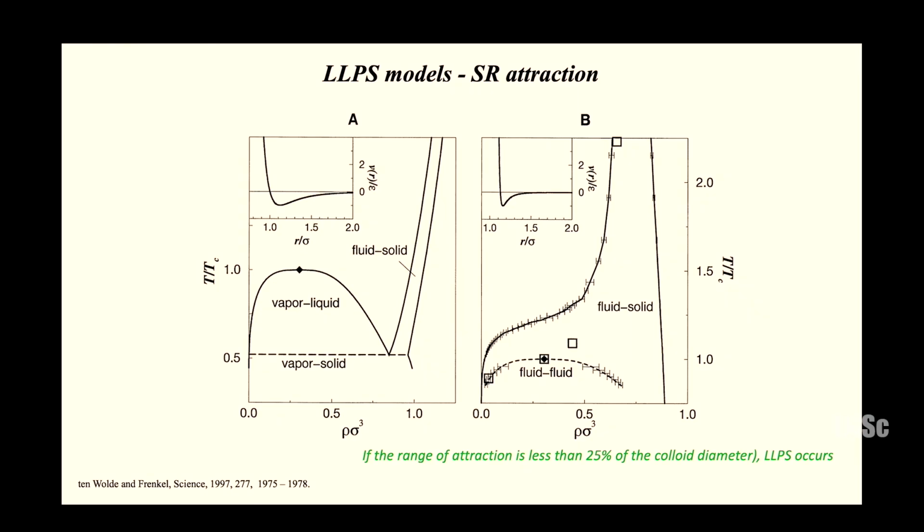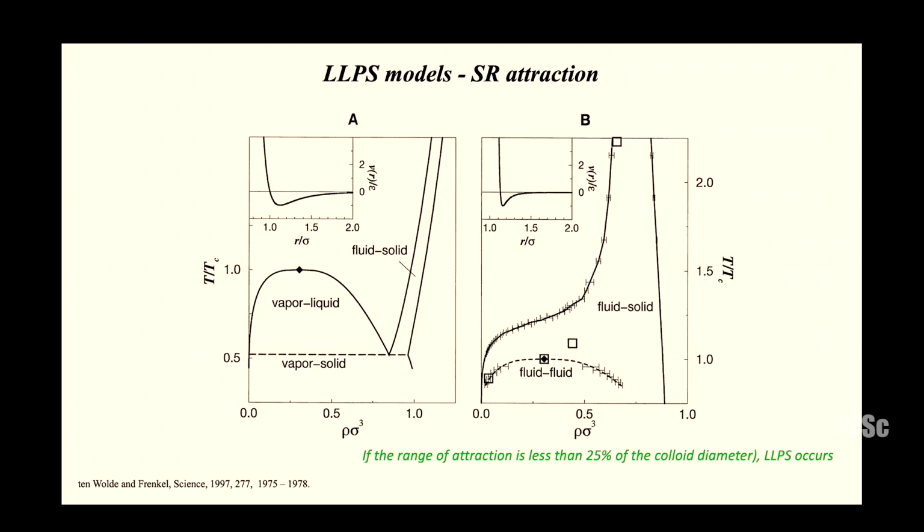The initial interest in this system was to understand the requirements to see liquid-liquid phase separation, more from a colloidal standpoint. People were interested in interparticle interaction models that could predict this kind of liquid-liquid phase separation, or LLPS in short.